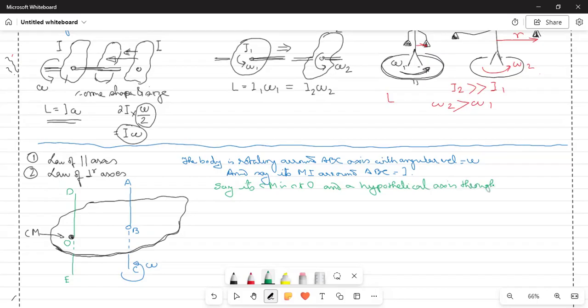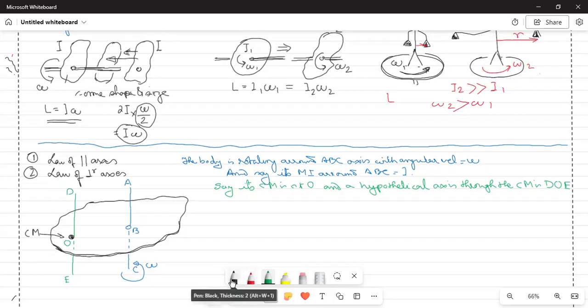So this green axis is the axis if it is drawn through the center of mass, but the body is rotating around ABC with angular velocity omega.